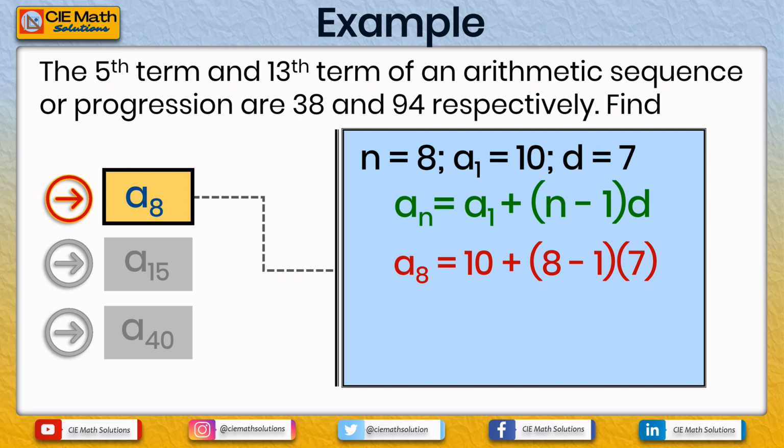Simplifying further, that will give us 10 plus 49. The 8th term is equal to 59. The value is still the same as the value that we got in the previous method. You may choose either of the two methods since both of them will give the same answer.